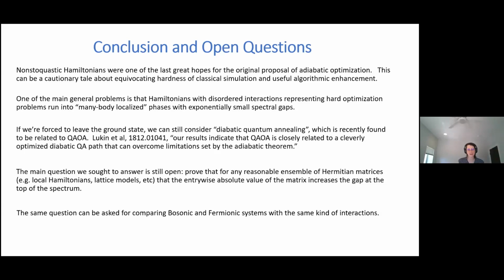Can you create inequalities between the gaps of those? You could imagine using solutions of the bosonic system, using relations between the two to learn something about the intractable fermionic system. And that's a fully open direction as well. Thank you.